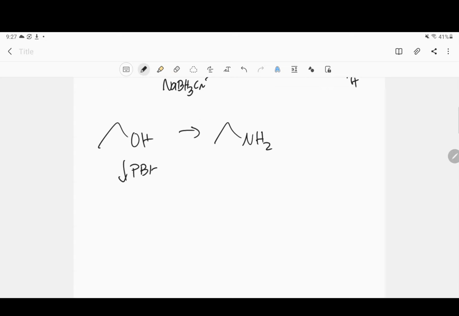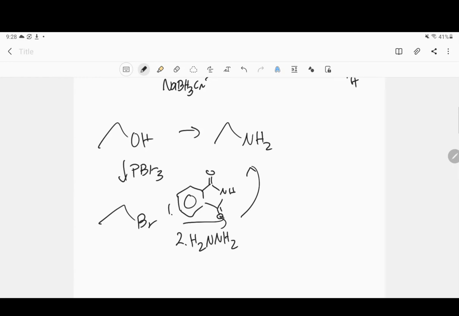Do PBr3, gets you a bromine, and then you have your choices. You can do the Gabriel synthesis. Remember that's taking an alkyl halide as well as phthalimide, and then hydrazine. That will give you your product. Alternatively, remember that you have the azide synthesis as well. Do you remember the azide synthesis?